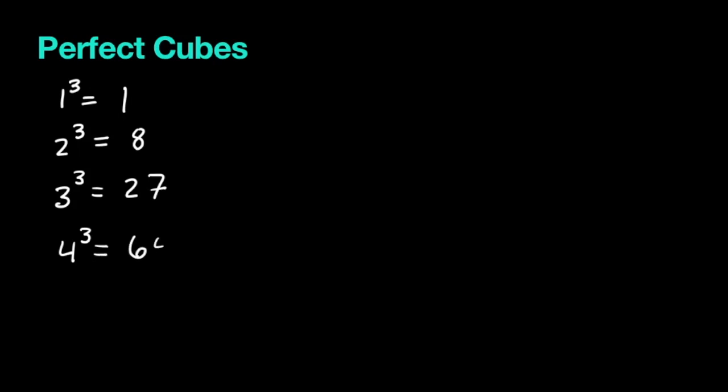So the first one is going to be 1 to the third power. So 1 times 1 times 1 gives you 1. 2 to the third power, that's going to be 2 times 2, which is 4, times 2, that's 8. 3 to the third power, you have 3 times 3, which is 9, times 3 gives you 27. 4 to the third power gives you 64. 5 to the third power gives you 125.